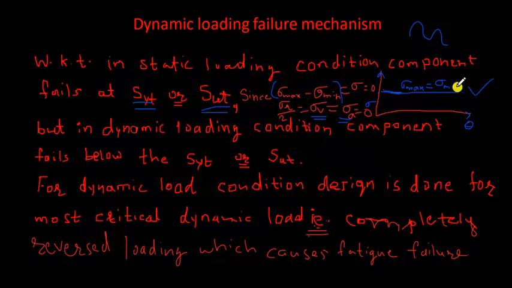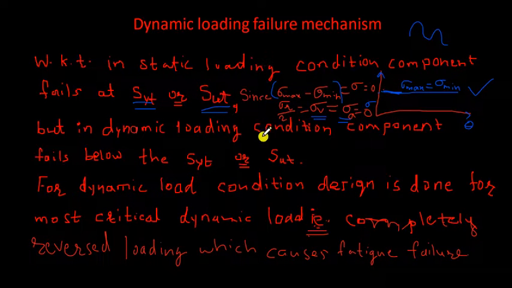So sigma max is equal to sigma min, and if we subtract these two values, we get 0. So our stress amplitude, or variable stress, is 0. That's why the component will fail at its yield tensile strength.